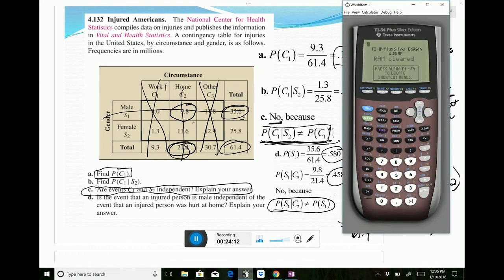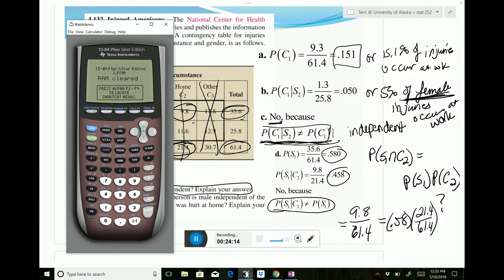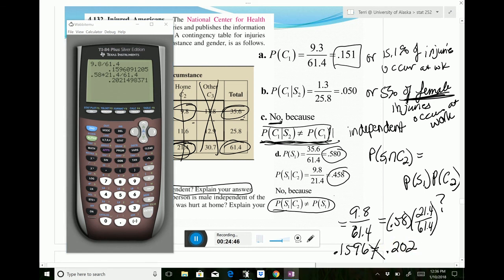Let's get our calculator out. 9.8 divided by 61.4 is 0.1596. That's compared to 0.58 times 21.4 divided by 61.4, which is 0.202. This is not equal.